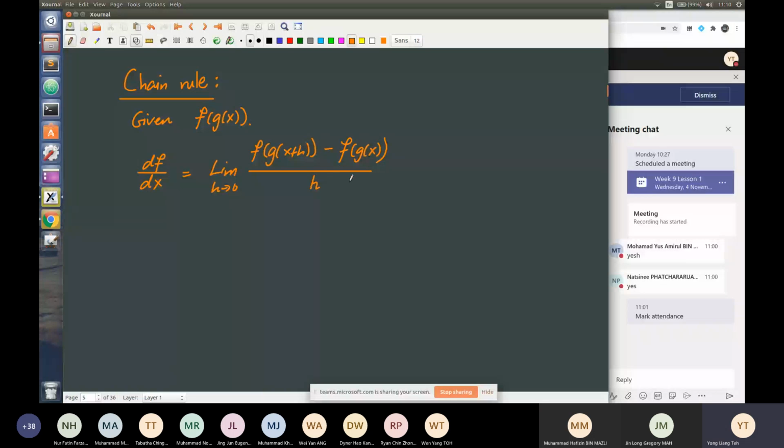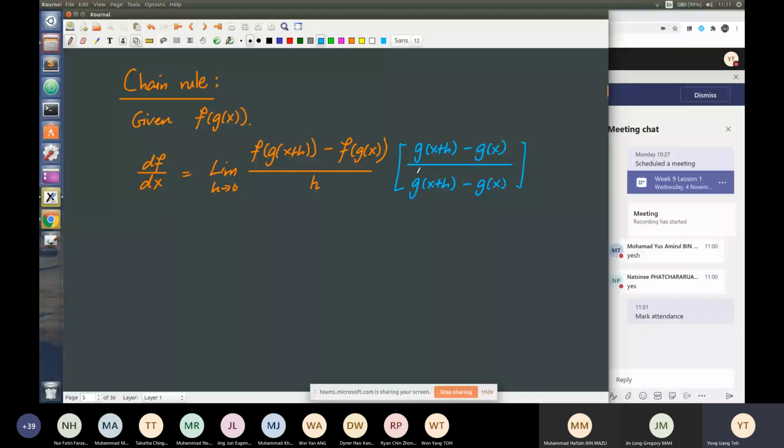Now the trick comes, by multiplying by g of (x plus h) minus g of x, divided by g of (x plus h) minus g of x. Remember, whatever you multiply here cannot change the original expression. So this is actually 1, and the whole thing is multiplied by 1, so you do not change the expression in any way.